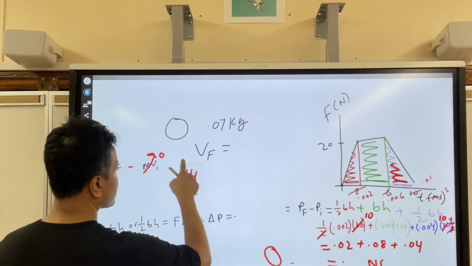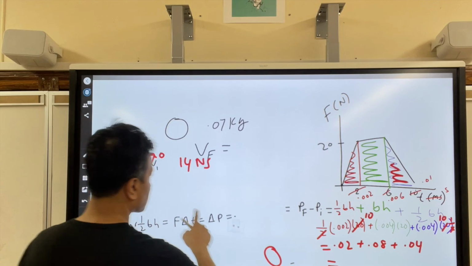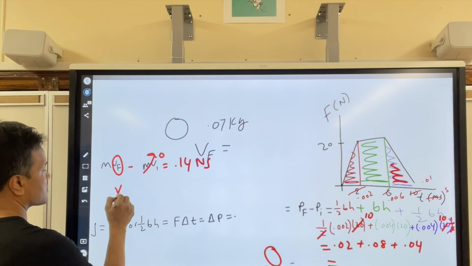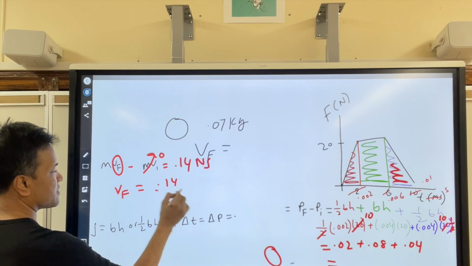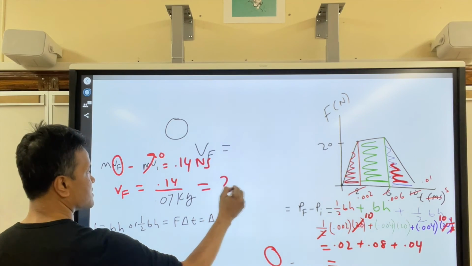So final velocity is 0.14 divided by mass, and mass is how much? So final velocity is 2 meters per second.